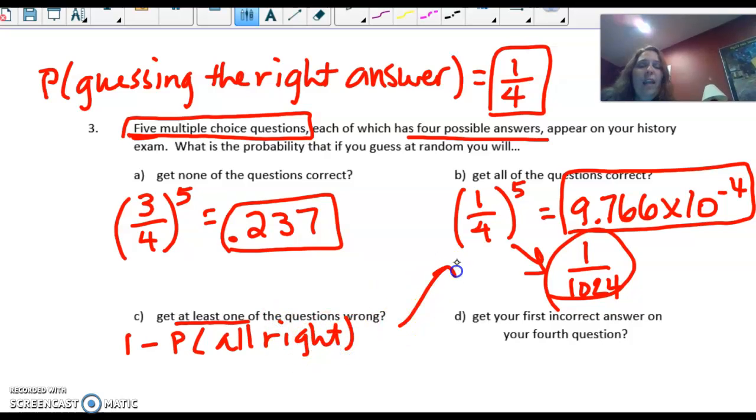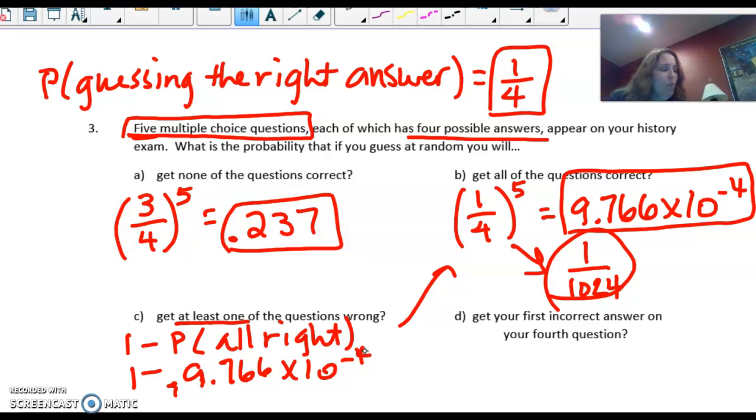And we just figured that out up in part B. So that would be 1 minus, I put the decimal point in the wrong place, 1 minus 9.766 times 10 to the negative 4th. Go ahead and subtract that from 1, and you get 0.999. Or likewise, you could also find 1023 divided by 1024, and sure enough, you get the same thing.